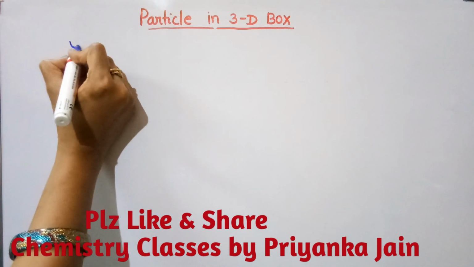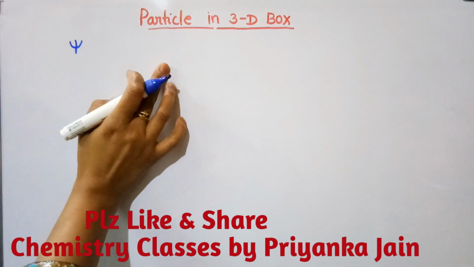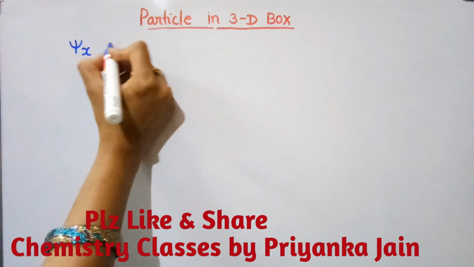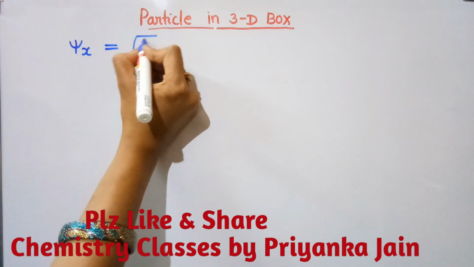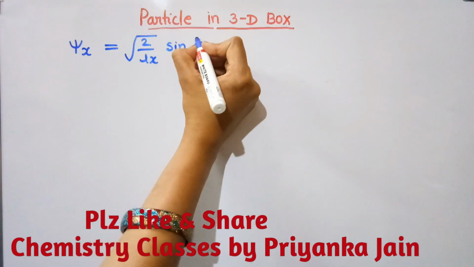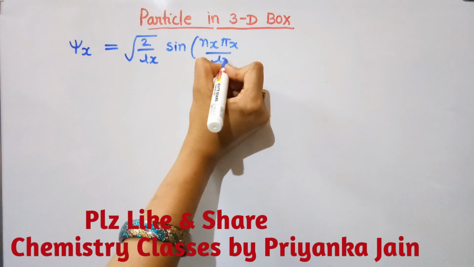And we know here the psi will have 3 different values, psi x, psi y and psi z, because there are 3 dimensions. So the value of psi x will be equal to root 2 upon Lx sin(nx π x upon Lx).